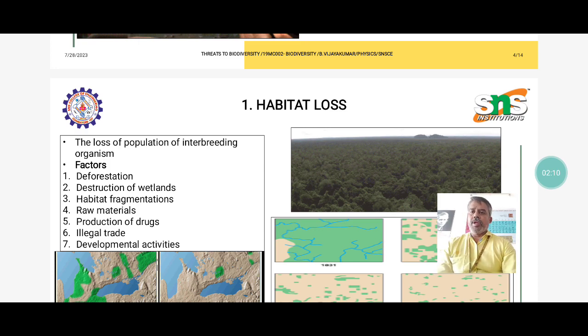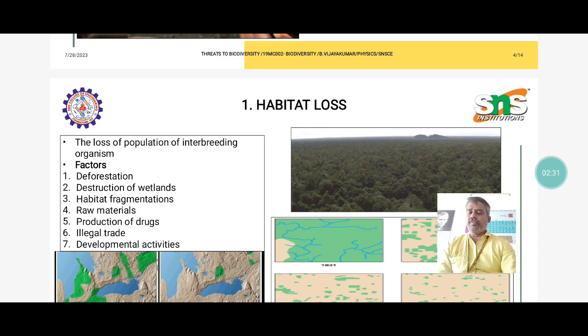First we discuss habitat loss, the loss of population of interbreeding organisms, which is affected by some factors. The first factor is deforestation. The forest plays a very important role in nature, so deforestation creates habitat loss.